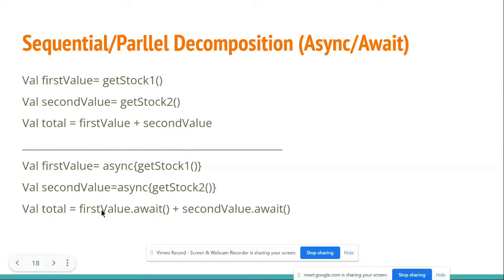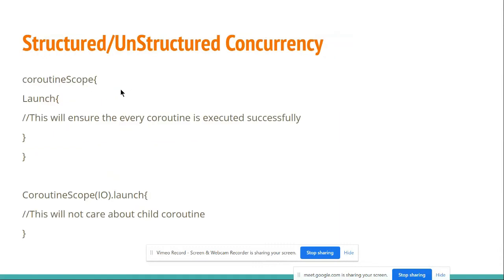And here is the total. We have to use await with that. This will wait for the result, and once we get the result, we will get our total. So this is the parallel decomposition, and that was the sequential decomposition. Basically, we are saving our time in this.